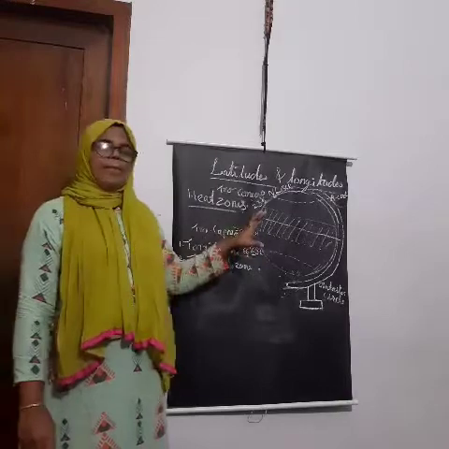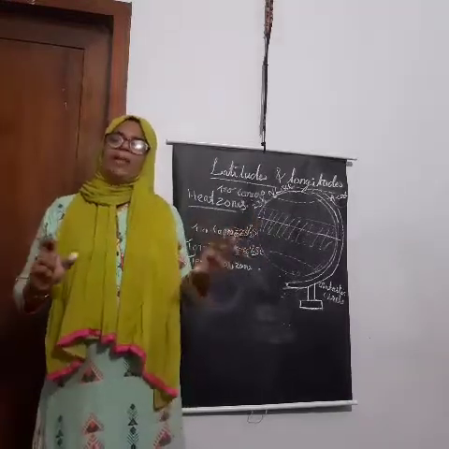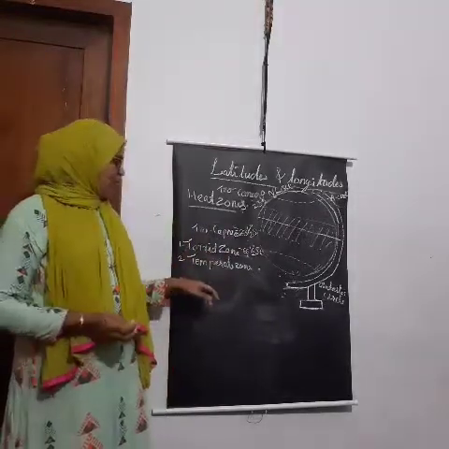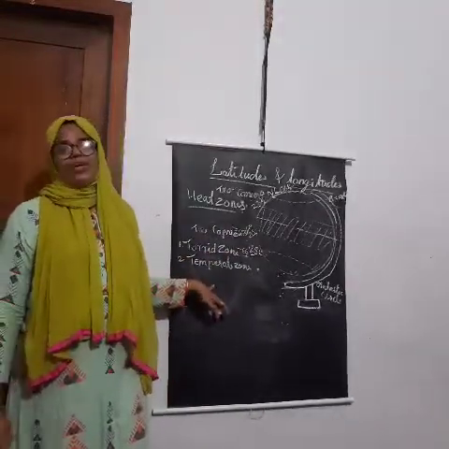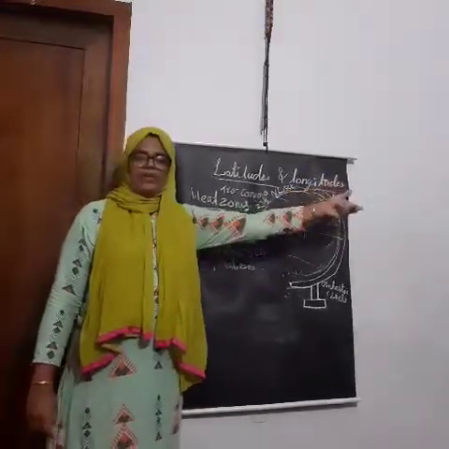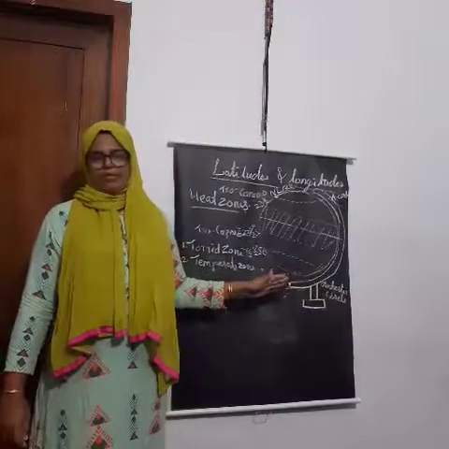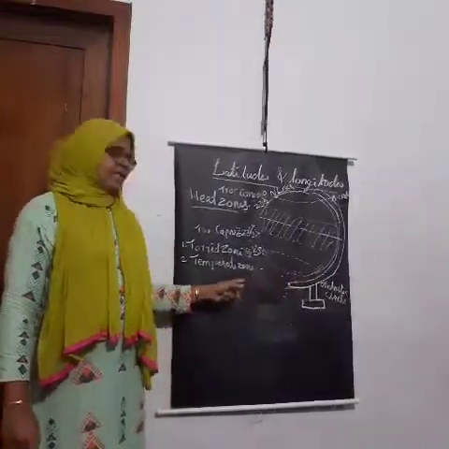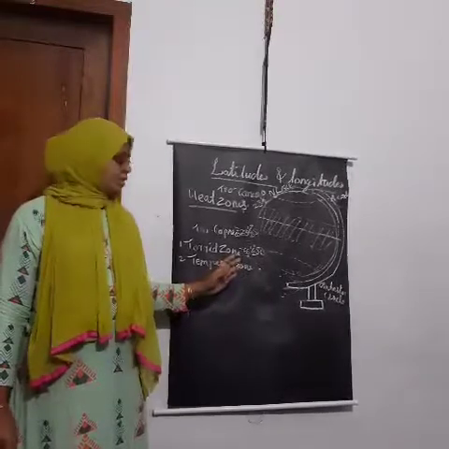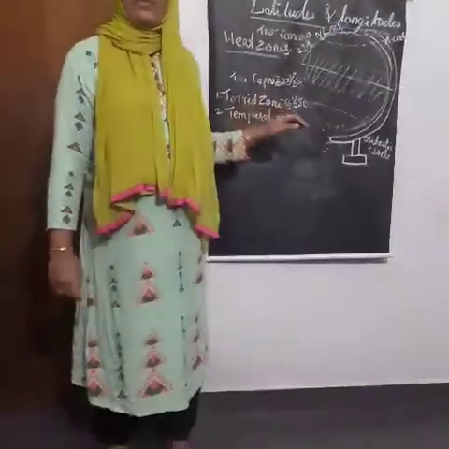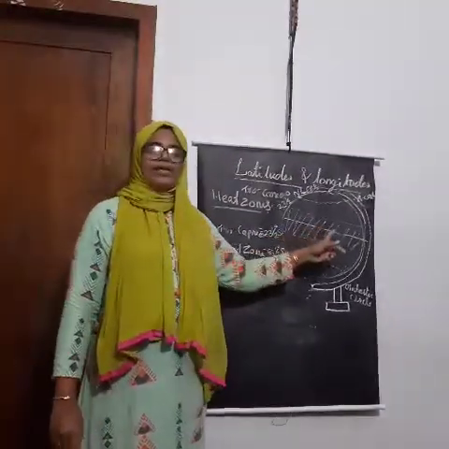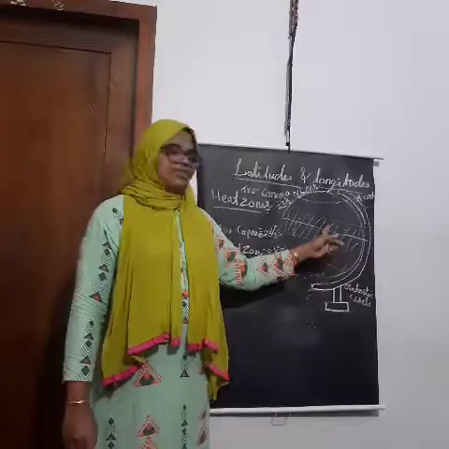This medium, bearable temperature area is called the temperate zone. So there will be 2 temperate zones, one in the northern hemisphere and one in the southern hemisphere. Okay, got it? Where will the higher degree of temperature be? Comparatively, in the torrid zone.